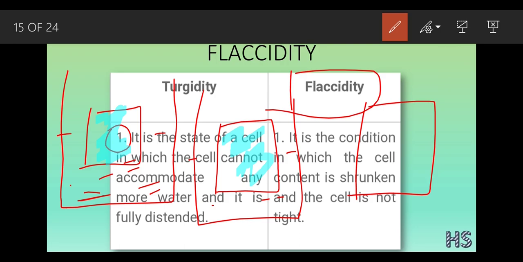The water inside this part fully disappears, and the content inside this cell becomes less.